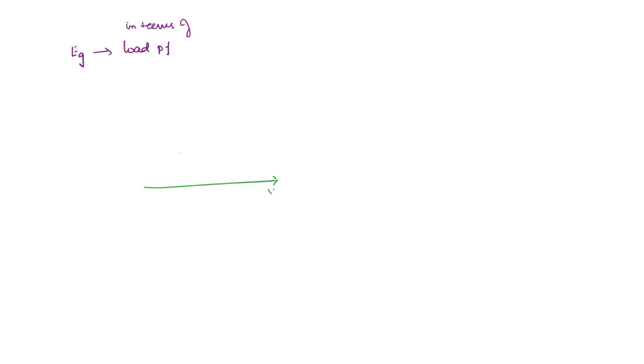So this is the terminal voltage. Say this is the armature current at a lagging angle of phi. So you are going to get IARA drop here, and at 90 degrees you are going to get J times IAXS. Now this is the generated voltage EG.